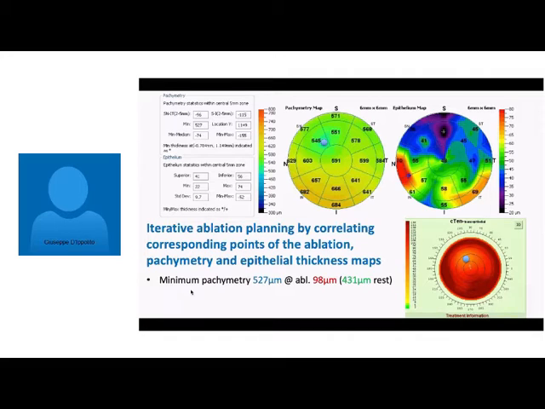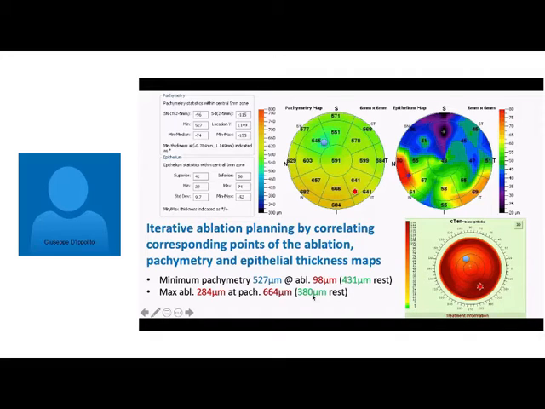Then we look at the next place, the maximum ablation depth. We look at here. Where does it happen on the pachymetry? Fortunately here, the pachymetry was 664 at the place where the ablation depth was the max.